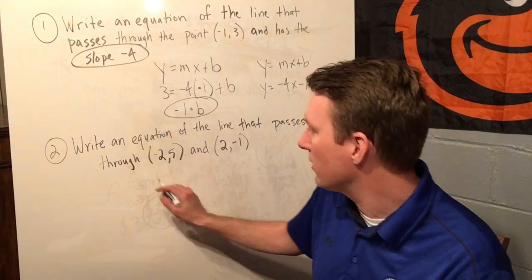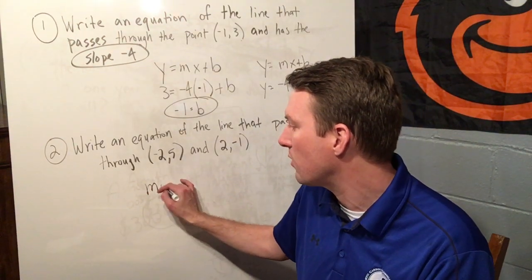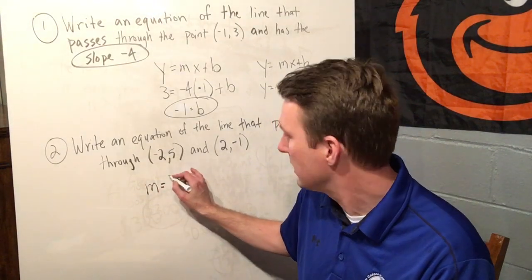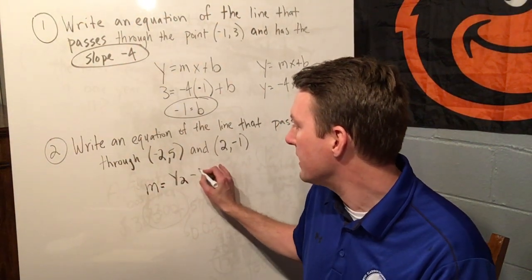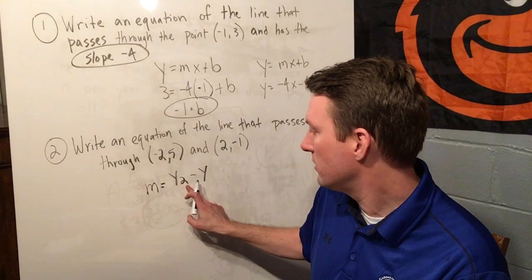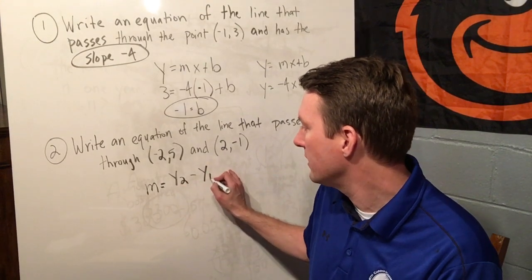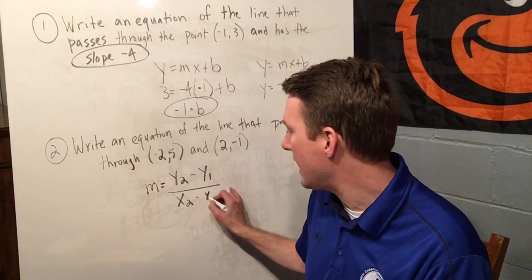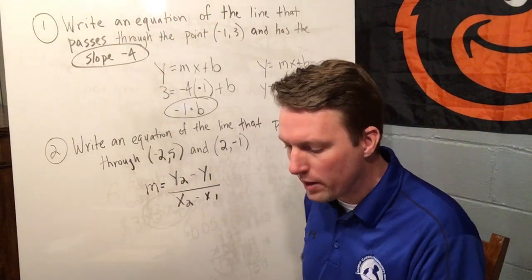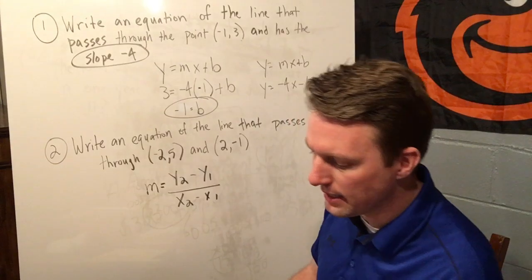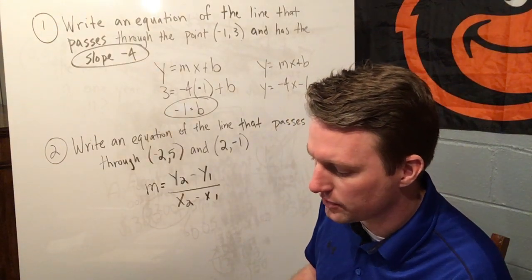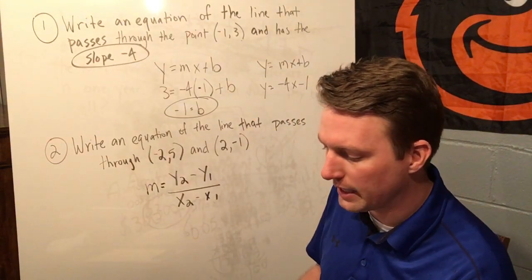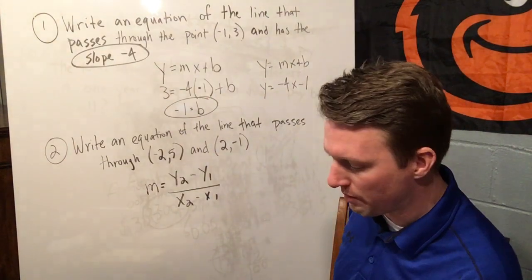Now, if you remember, slope can be found by using the equation m equals y2 minus y1 divided by x2 minus x1. We are going to find the y-intercept. We're going to calculate the slope by plugging in the information from our problem.